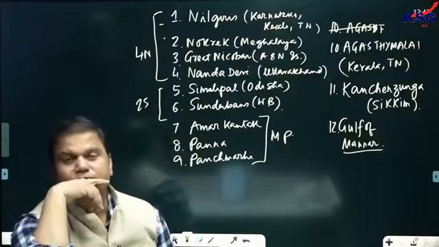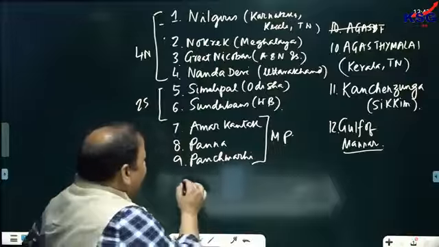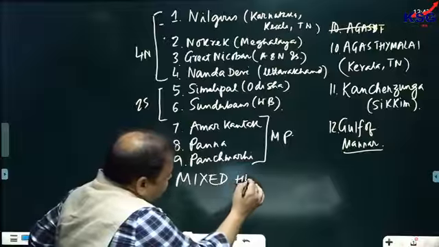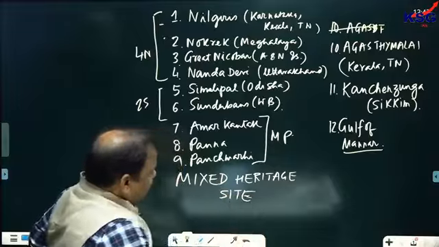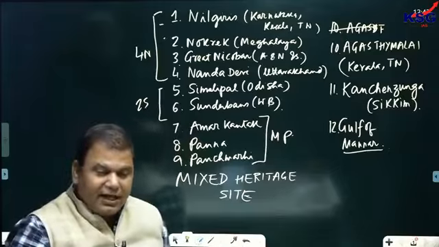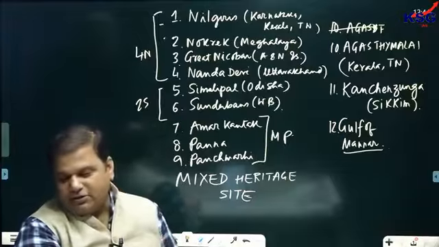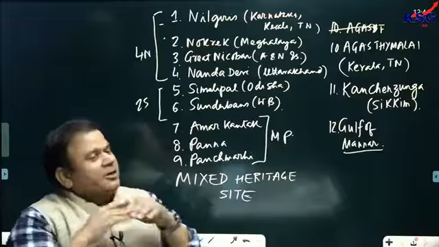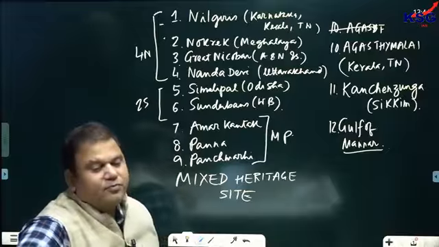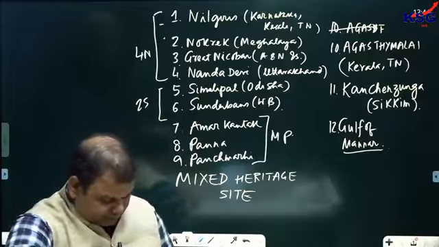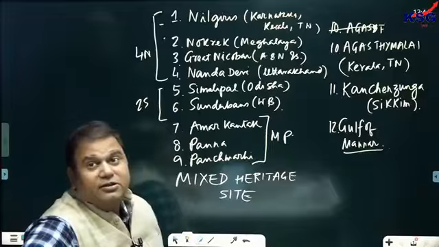Write down according to UNESCO. According to UNESCO, it has been declared as mixed heritage site, as it is not only known for natural significance, but also cultural significance.